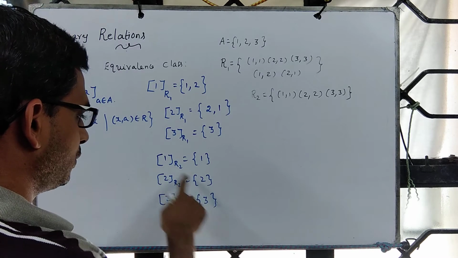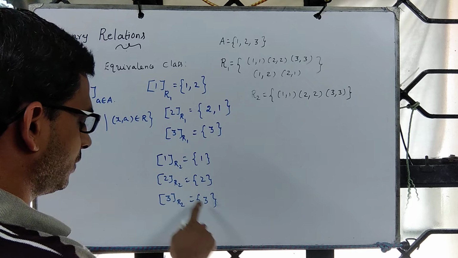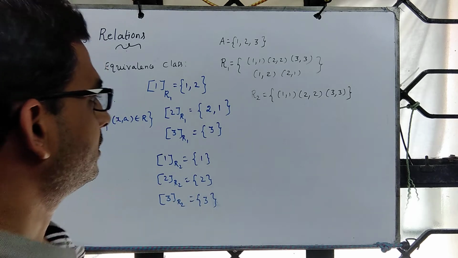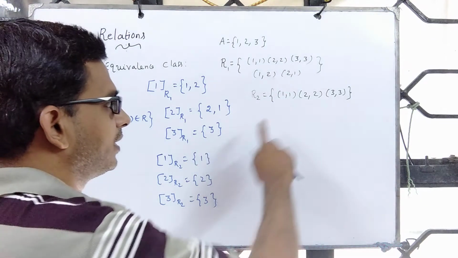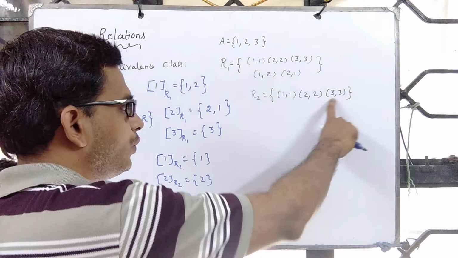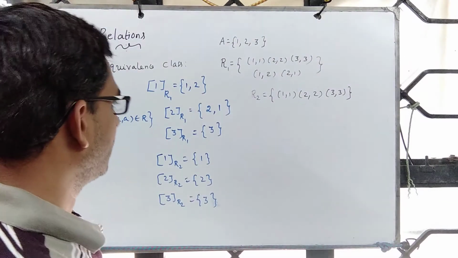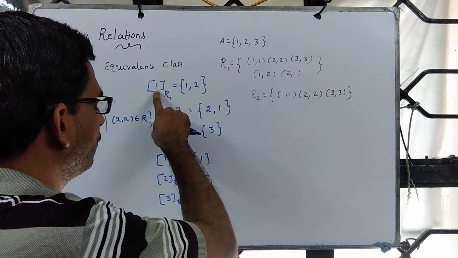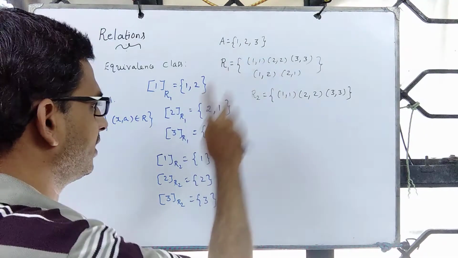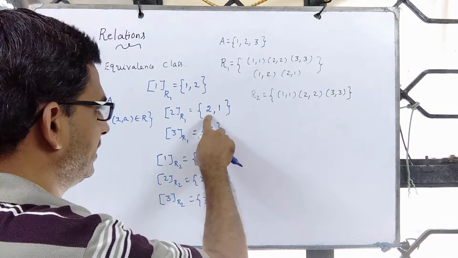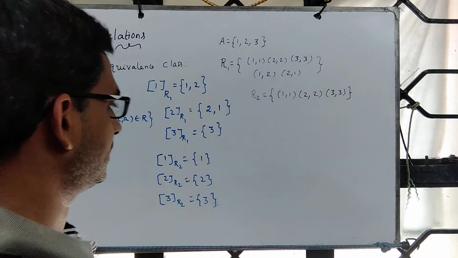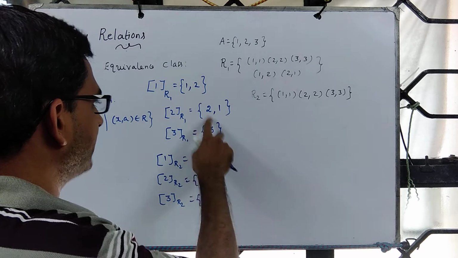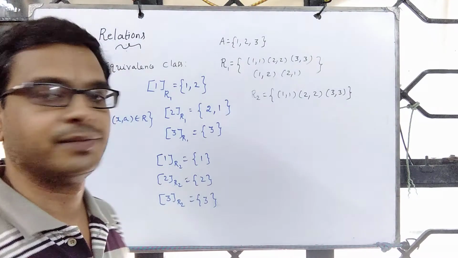In every equivalence relation we find (1,1), (2,2), (3,3), and if you look at equivalence classes, you see that in the class of 1, 1 will be present, in addition to possibly something else. In the class of 2, 2 will be present, in addition to possibly something else. It is never the case that an equivalence class is an empty set.